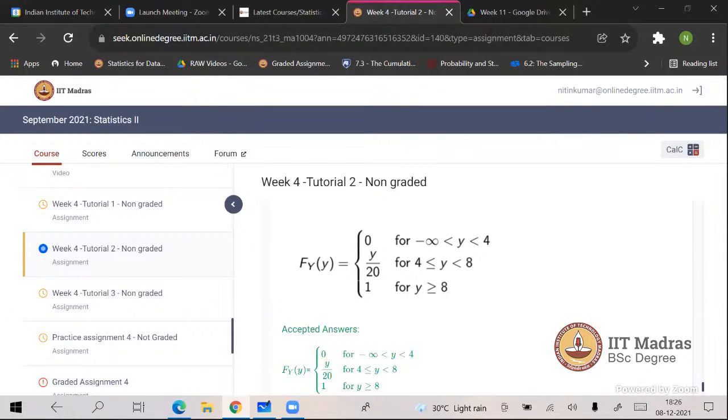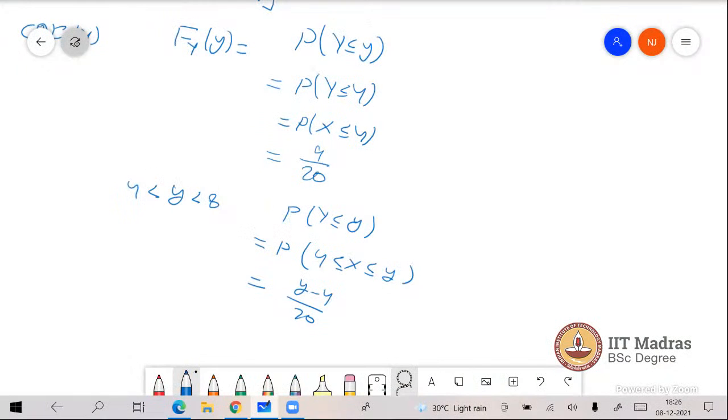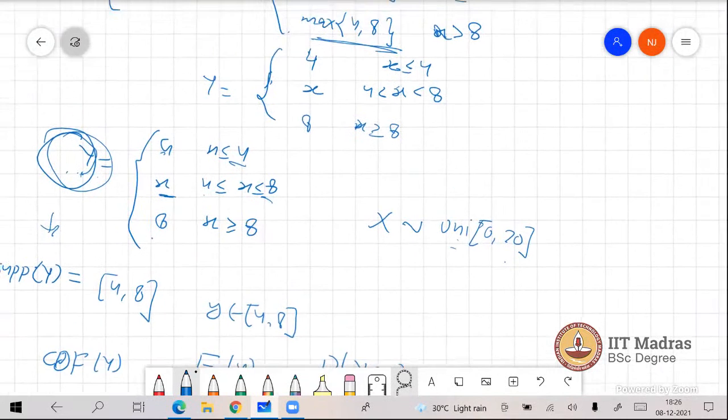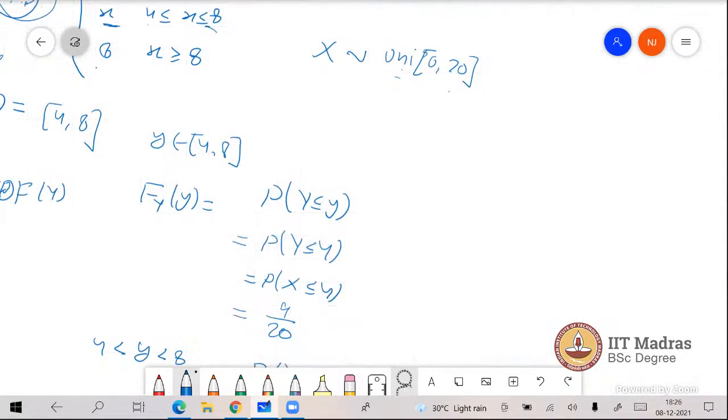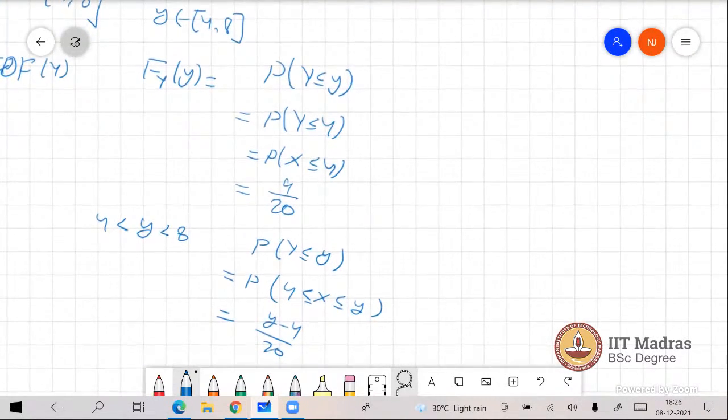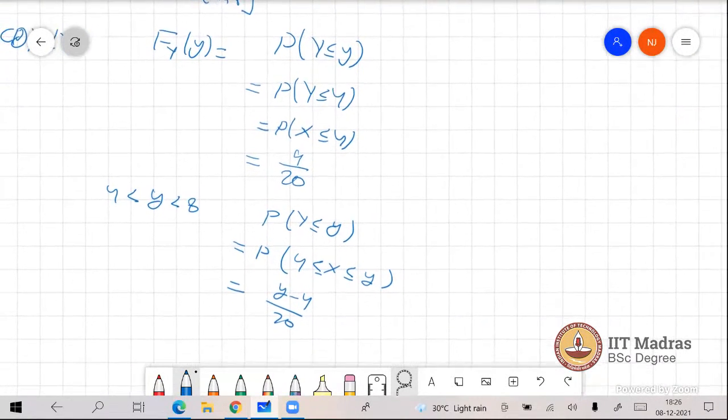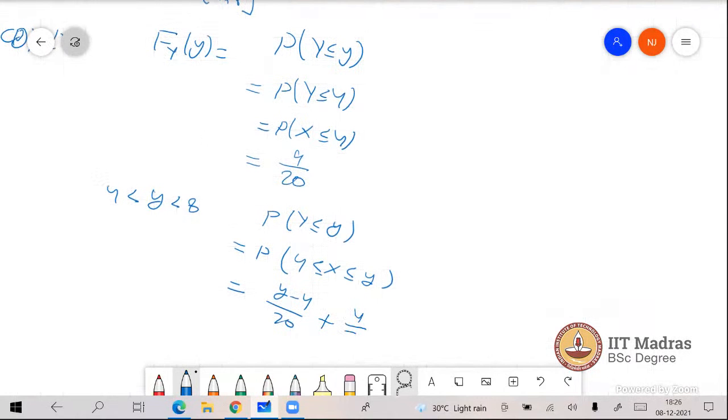When y is in between 4 to 8, plus 4 by 20 or will come again.